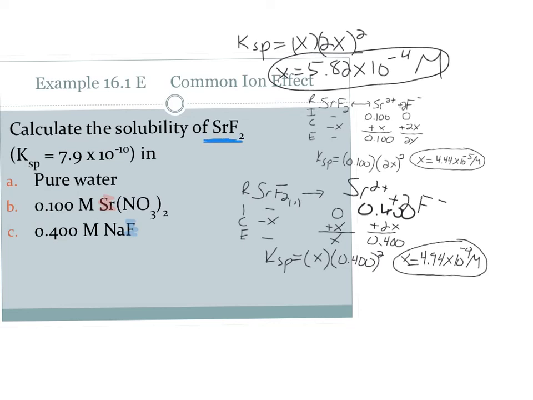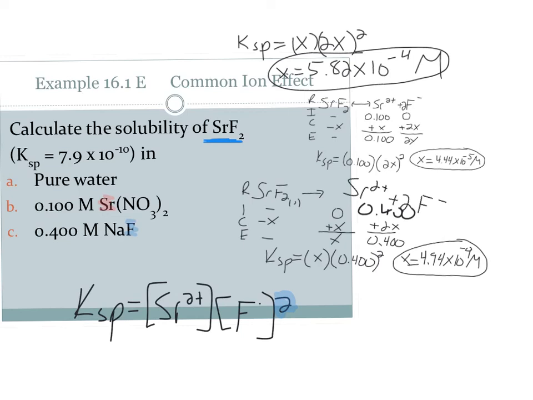So because fluoride has a coefficient of 2, and my Ksp expression is going to be strontium 2 plus times fluoride squared, because fluoride is squared, the fluoride is going to have a greater effect on the solubility.